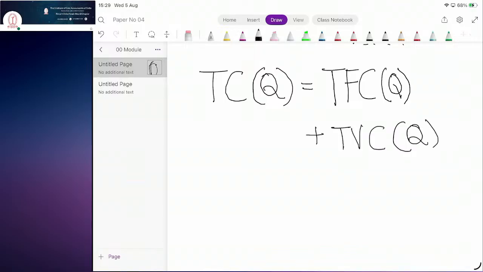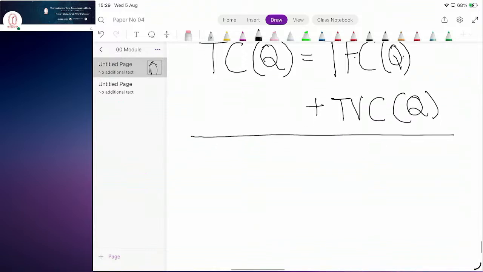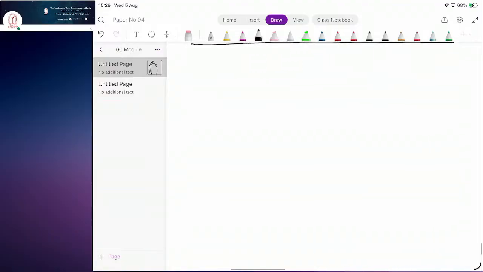Though actually this Q is not required here because fixed cost is remaining constant, but just for consistency I am writing TFC and TVC. Okay, so just 1 minute, without looking at the notes earlier, write down all the costs that we have seen so far. Check whether you are able to recall all the names of costs.